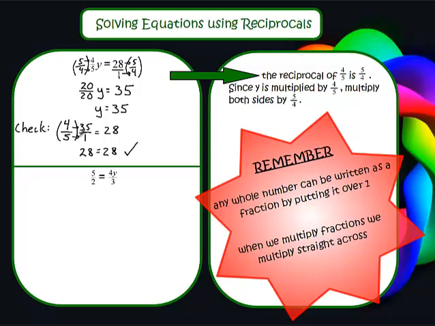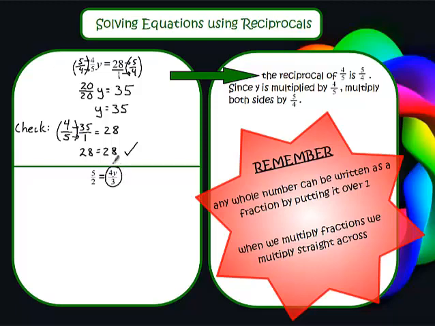Let's try this again. So the next thing you want to really look at here is I have two different fractions going on. Well, remember, I'm trying to isolate my variable. So the variable in this second equation is the y. So I'm going to want to use the reciprocal of this side.